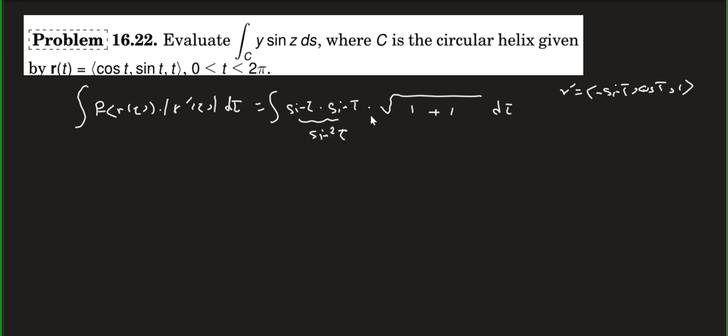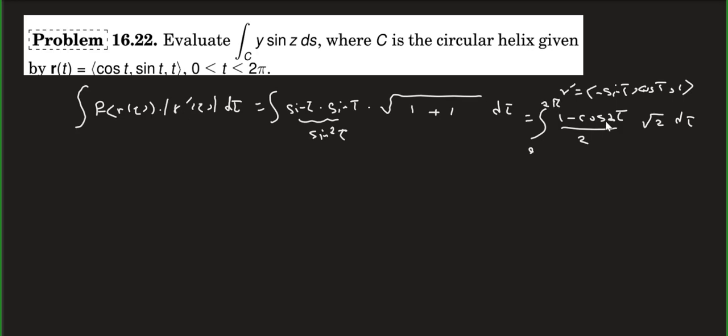Here we just have sine squared t. Very easy, we can compute by converting this formula to cosine. So we will have (1 minus cosine 2t) over 2 multiplied by radical 2 dt, with t changing between 0 and 2 pi.